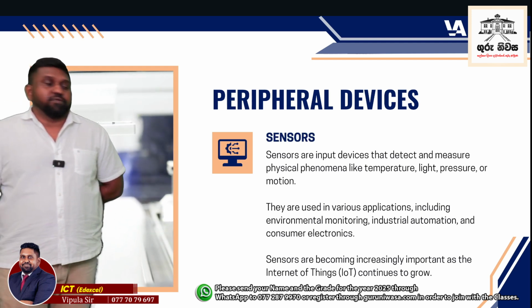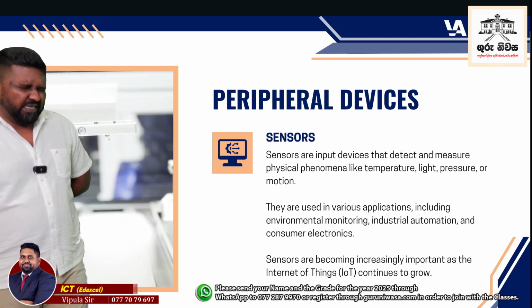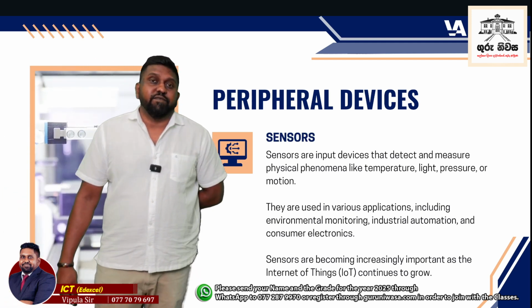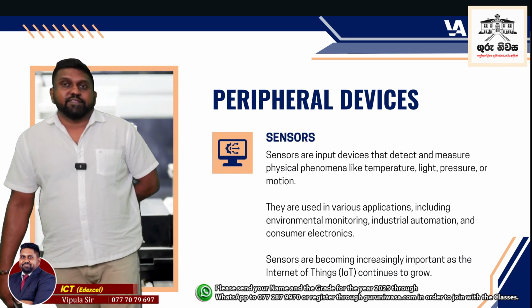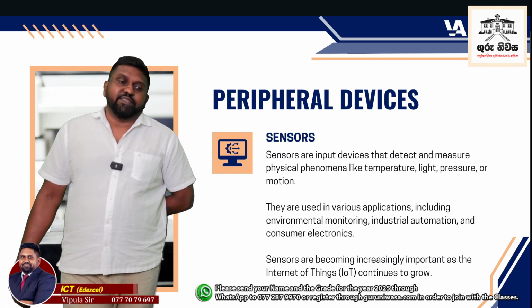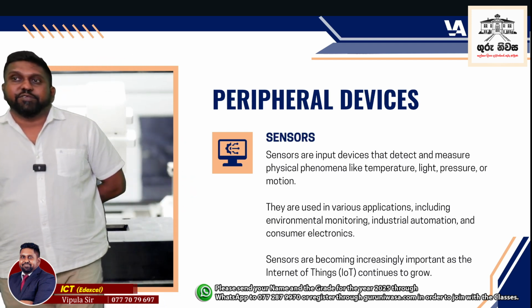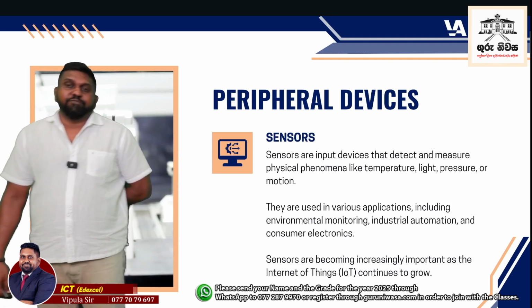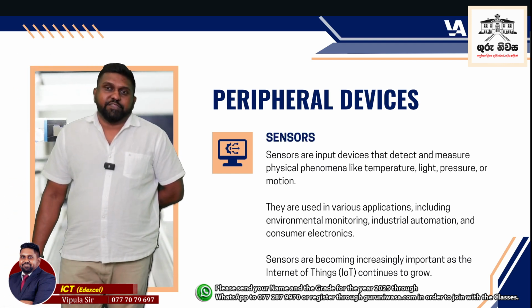Now with the Internet of Things and these new devices, sensors are being used everywhere. Sensors allow you to use lots of different devices in different ways, and they allow you to give more features to users as well.